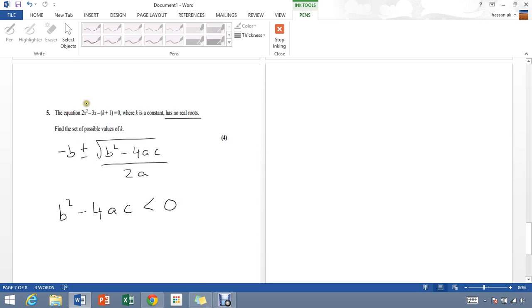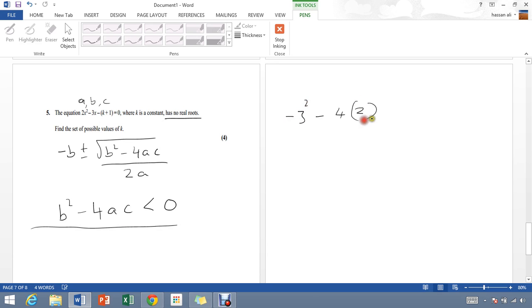Now in this instance, your 2 will be a, and b will be 3, and then k plus 1. Just separate these out. So a will be 2, b will be minus 3, and then c will be this minus (k plus 1). Okay, so I'm just going to bring it over here. So what we have then, if we sub those values in, is minus 3 squared minus 4, okay, because we're doing minus 4ac.